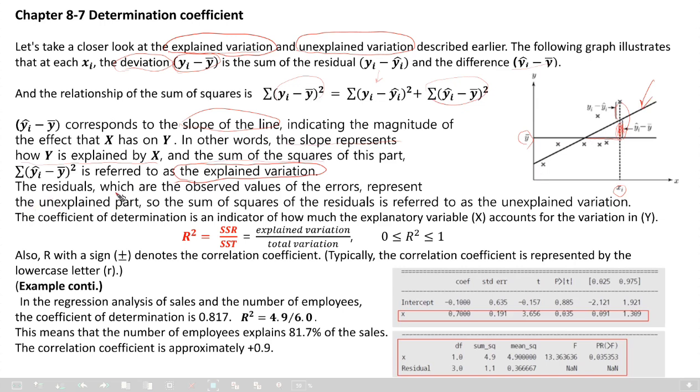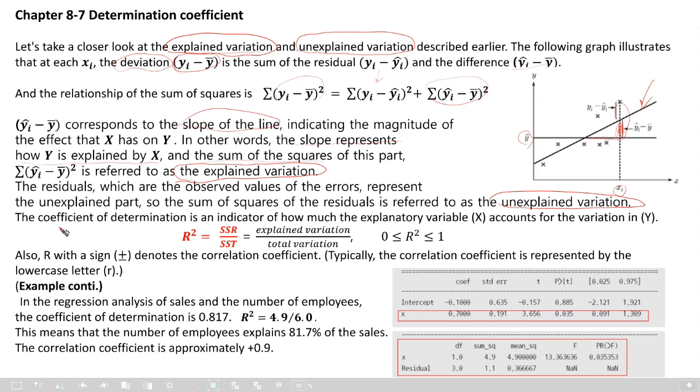The residuals, which are the observed values of errors, represent the unexplained part. So the sum of squares of residuals is referred to as the unexplained variation. That's why the two terms, explained variation and unexplained variation, can be understood.